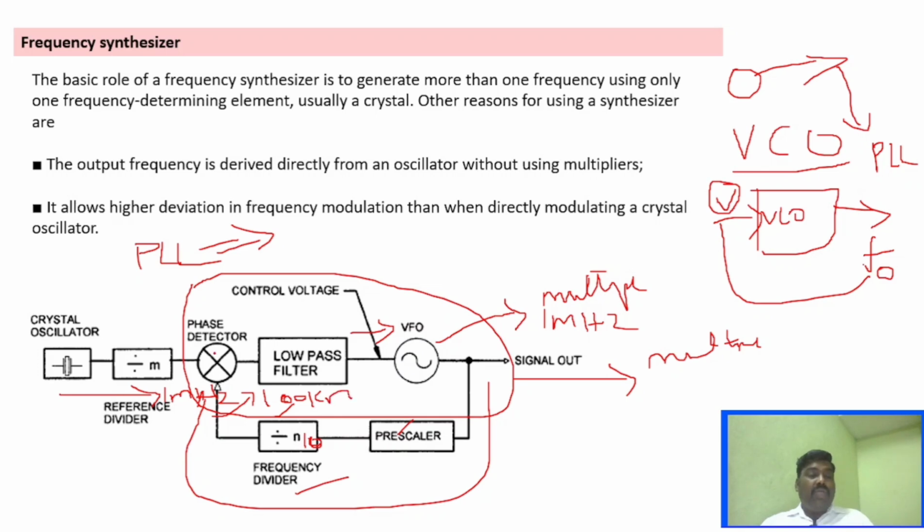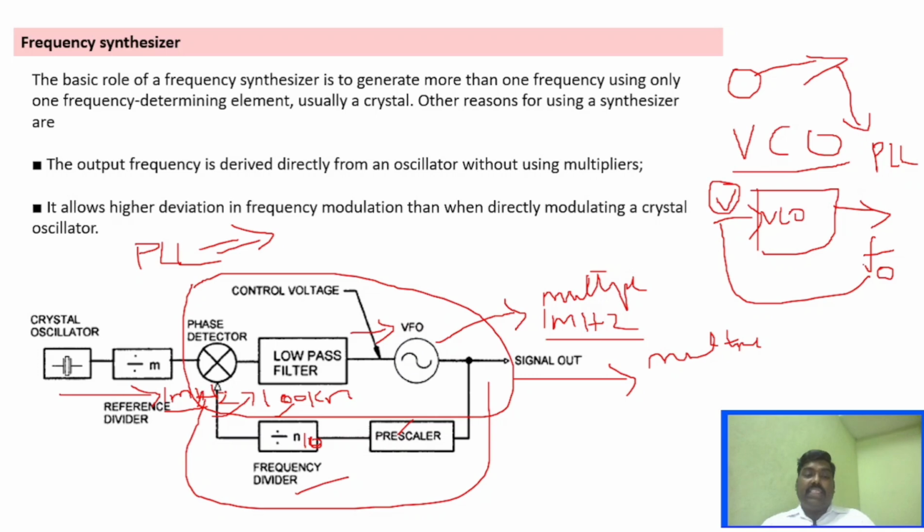Now the phase detector takes this 1 megahertz signal as one input and the other input is the 100 kilohertz signal, and it generates the error voltage depending upon this difference. We know that this particular signal, 1 megahertz, has to be generated.